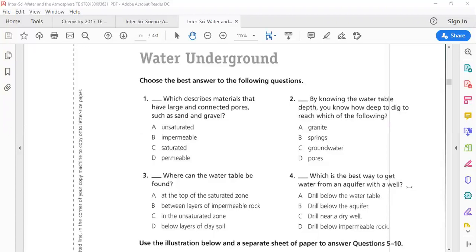So you will get the permeable layer in the beginning in the unsaturated zone, and after that you will get the area of impermeable rocks in the saturated zone, up to the water table, which is the top of the saturated zone. And you will get the water trapped in this area, and this area will be called an aquifer.